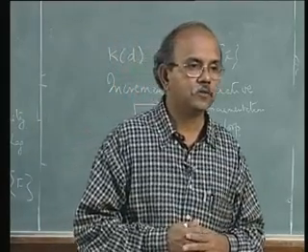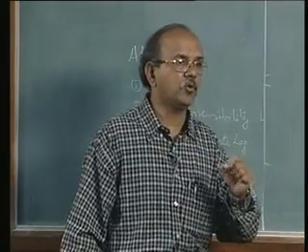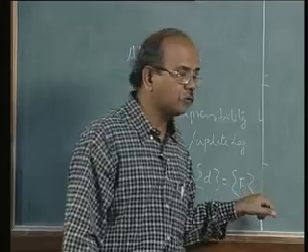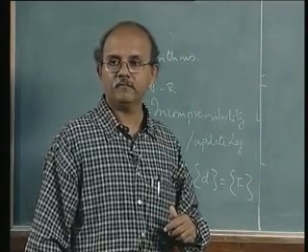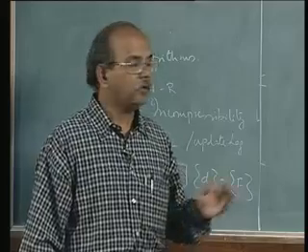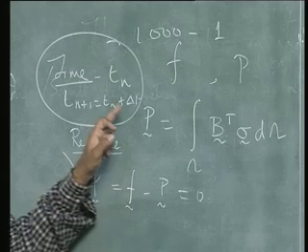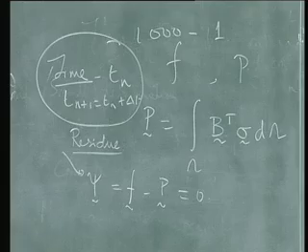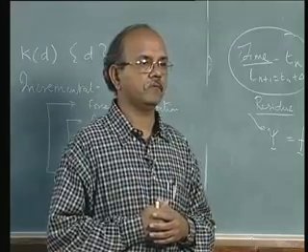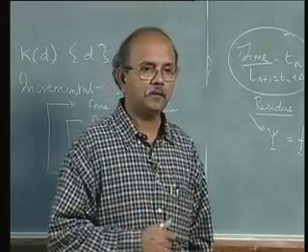So the smaller the delta T, the worse you are, because you have to solve that problem so many more times. So most softwares will not keep this delta T a constant. So what would they do? They would keep galloping this time step. That means they would start with 0.1.